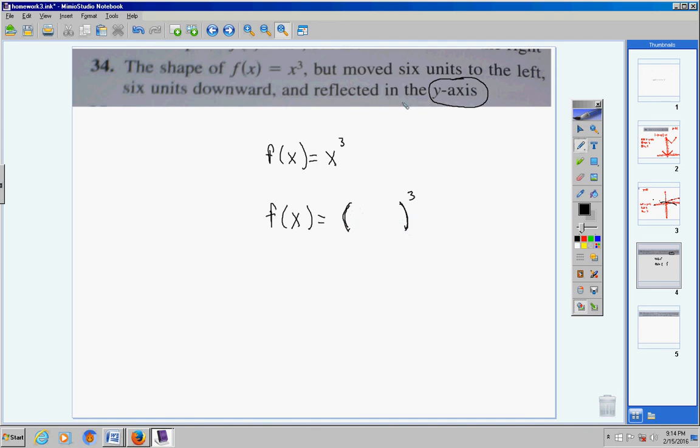Let's look at it like this. We're moving 6 units to the left. So that's going to be x plus 6. Got it? And then 6 units downwards, I put what right here? Negative 6. And then a reflection in the y-axis means I want to apply a negative directly to the x. But I just taught you guys when you do that, you must do it to everything inside of here. That's what we were just talking about over here.